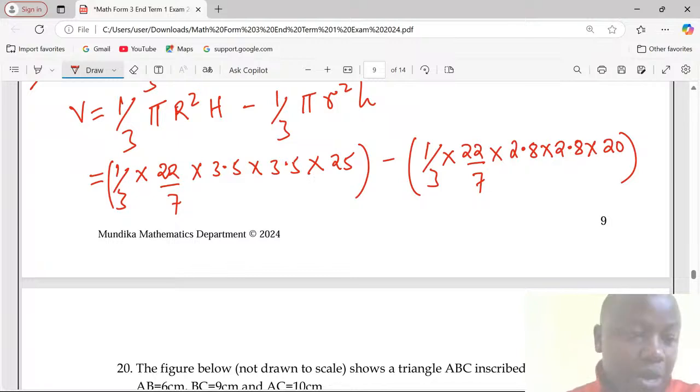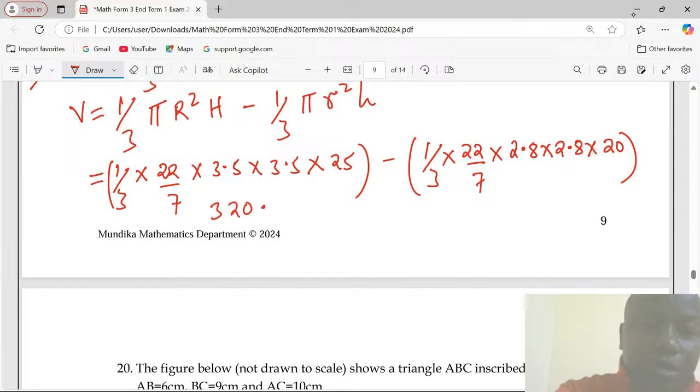So let me compute each. A third multiplied by 22/7 multiplied by 3.5 multiplied by 3.5 multiplied by 25 is a volume of 320.83 for the original cone, minus the cone which was cut off: a third multiplied by 22/7 multiplied by 2.8 multiplied by 2.8, then times the vertical height of 20. I'm getting 164.27.